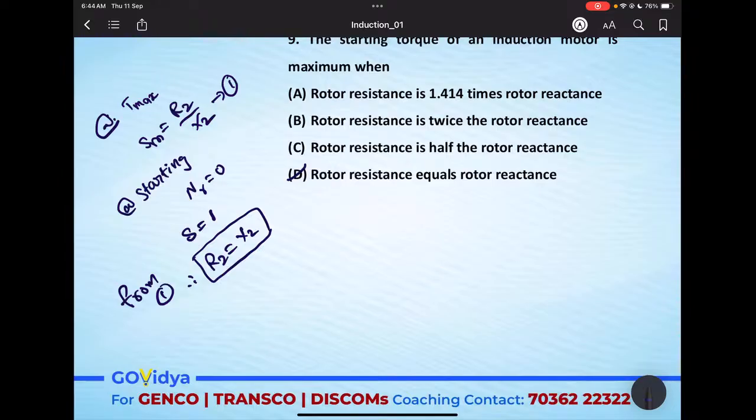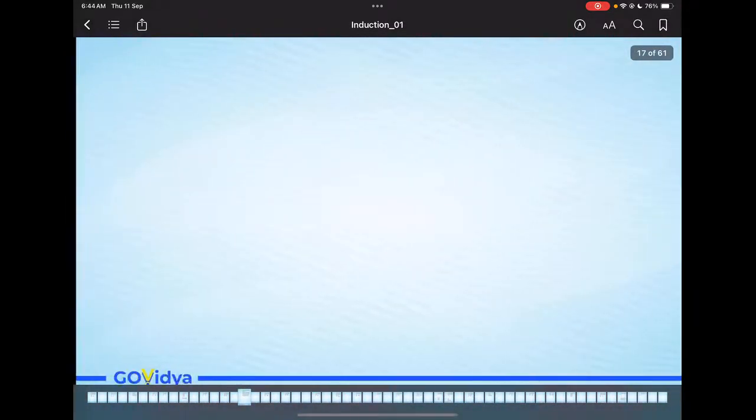Is it clear? I took the condition of maximum torque, that means at maximum torque the slip is equal to R2 by X2. From that I substituted my starting condition, thereby I got the condition for maximum torque at the time of starting. Is it clear? Let's move on to the next question.